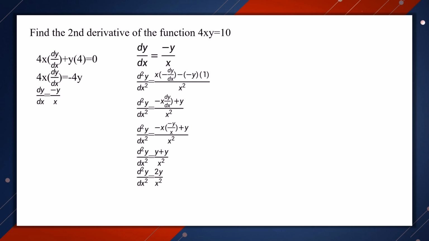Then d squared y over dx squared equal to y plus y over x squared. The final answer is d squared y over dx squared, then we can get 2y over x squared.